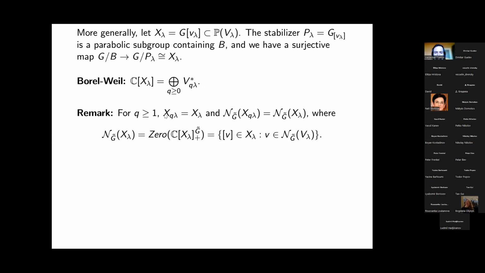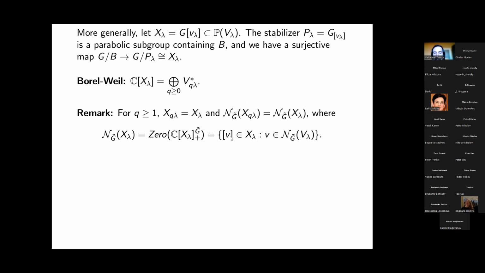Here is a remark that, because the parabolic subgroup depends on lambda only up to a multiple, the variety is the same. It is embedded in a different space, but the variety as a coset space, G modulo the stabilizer, is the same. And so is the null cone inside it, where the null cone is defined as the zero locus of the invariant ring over here, of course, of positive degree.